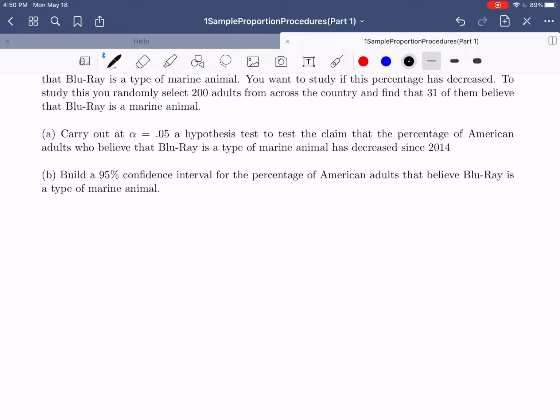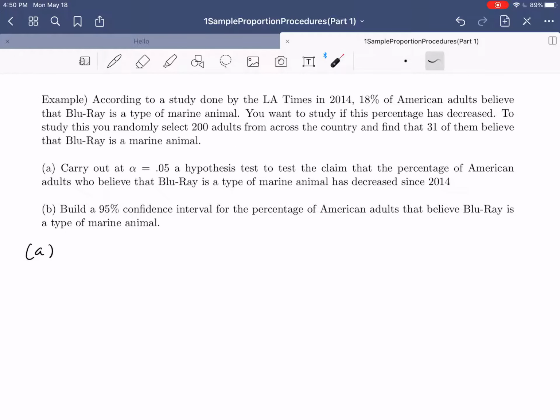Let's jump right in and talk about part A. What type of hypothesis test is this going to be? As you can see here, we have our single sample of 200 adults. We're studying something that is a binomial or Boolean variable: do you believe Blu-ray is a marine animal, yes or no? And we've got a known or assumed percentage from 2014 to compare it against.